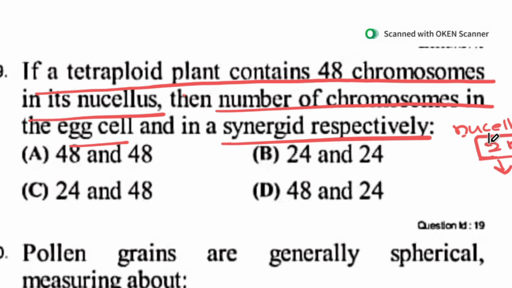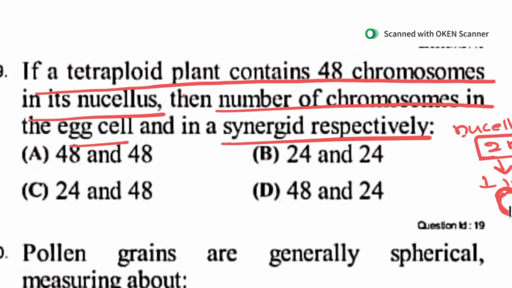From this nucellus, one lucky cell will form the embryo sac, that is the megasporangium. Within this, the embryo sac will be n.